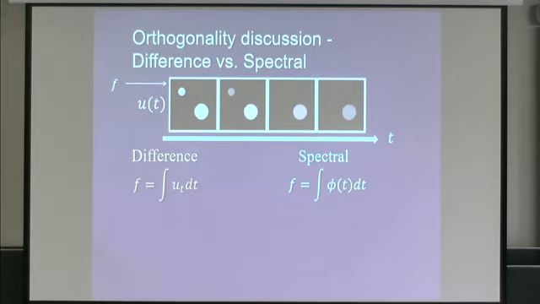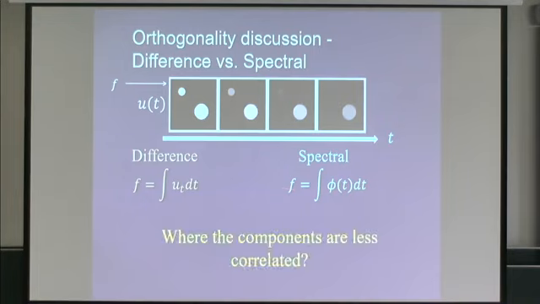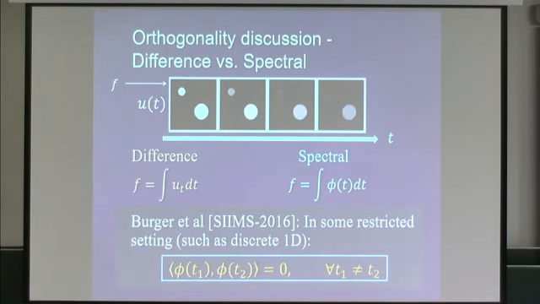So both of them are sort of valid decompositions based on the flow. This is a difference, just a difference in time, and these are actually just the second derivative. And so let's see where the components are less correlated.